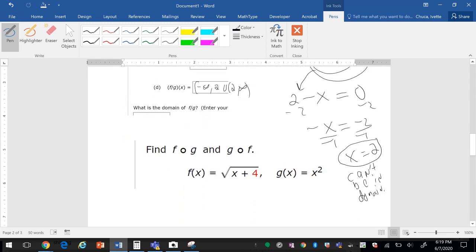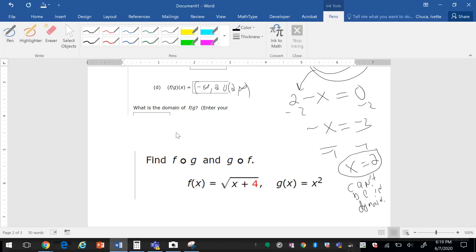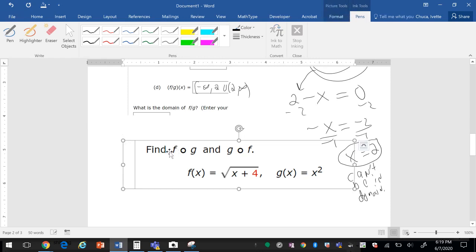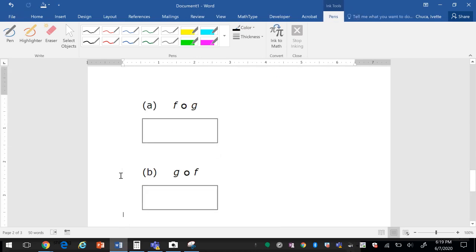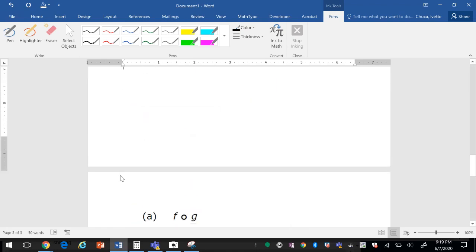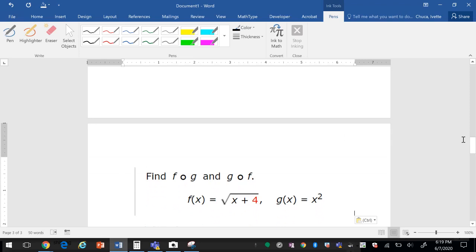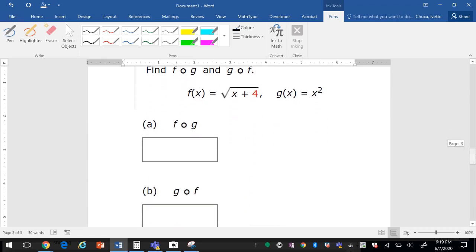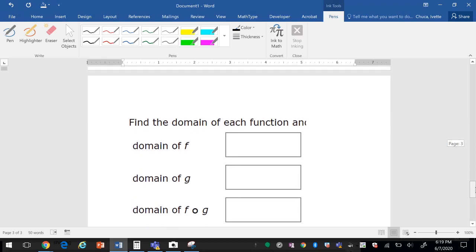Okay. If you have a composition, like we do here, let me go ahead and move this picture down. When we want to do the composition, I'm going to do the domain. So find the domain of each function.